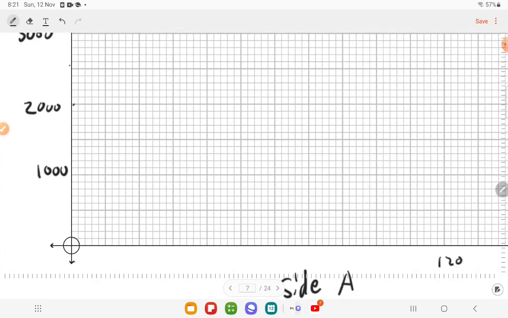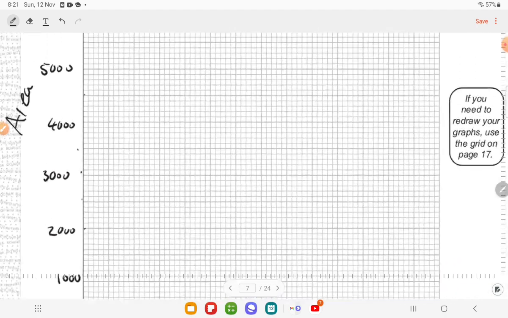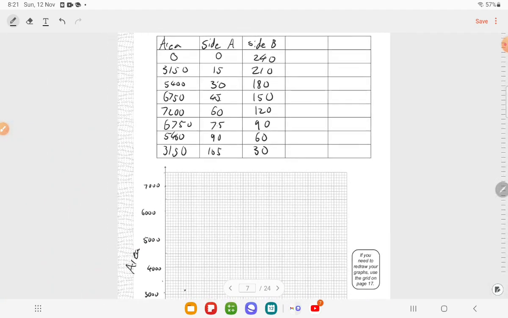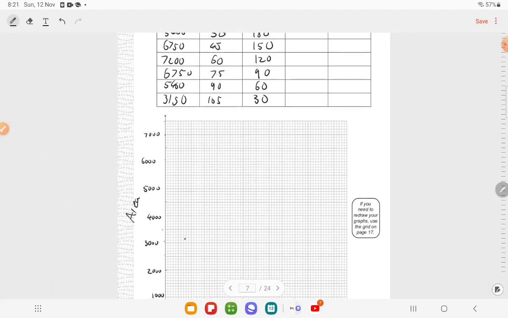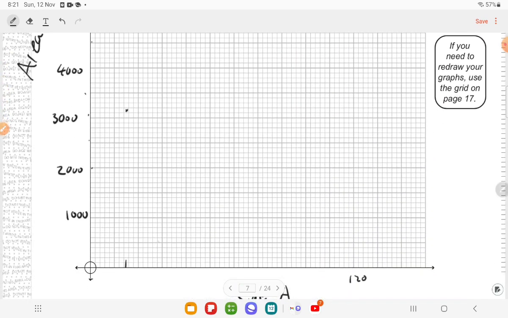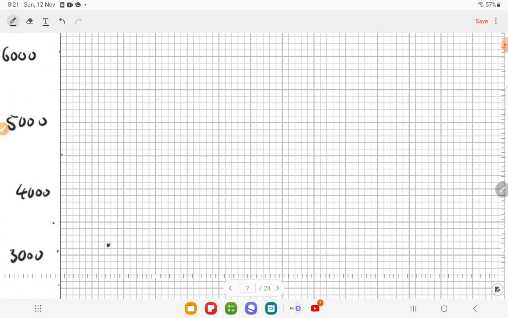So when side A is around here, then the area is around 3150. So around here means side A is 30, area is around 5,400. 10, 20, 30. 5,400.